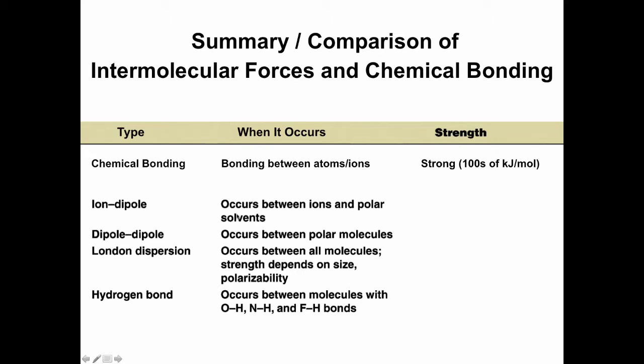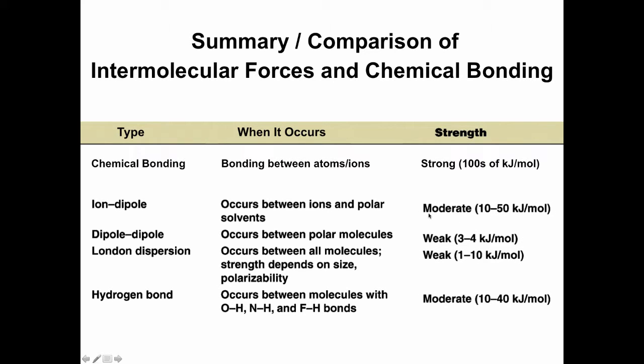And these occur between ions and polar solvents for ion-dipole, between polar molecules for dipole-dipole, for all molecules for London dispersion, and then only molecules with OH, NH, or FH bonds within the molecule for hydrogen bonding. And these are much less strong in terms of how much energy is needed to separate the molecules compared to chemical bonding.